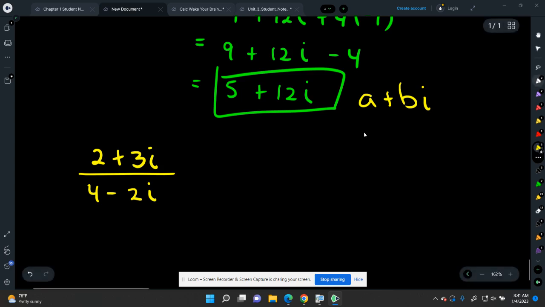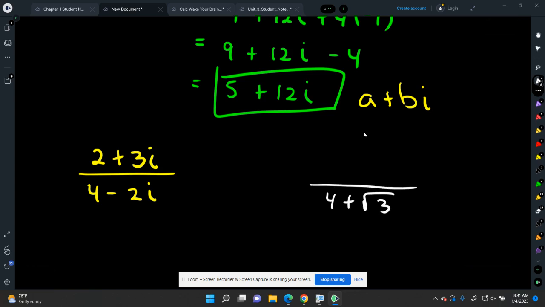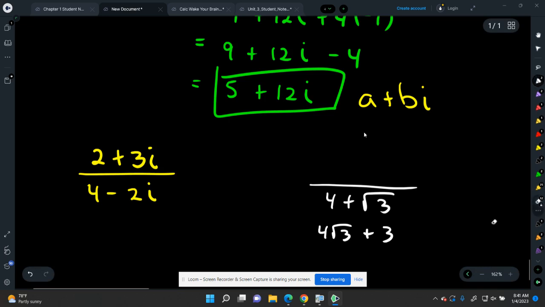How do you think we can get rid of this square root in the denominator? If it was 4 plus the square root of 3 down there, how would I get rid of it? Say that again? Well, if I multiply by the square root of 3, I'm going to get 4 square root of 3 plus 3. So I still have a square root down there. But you're close. You're close.